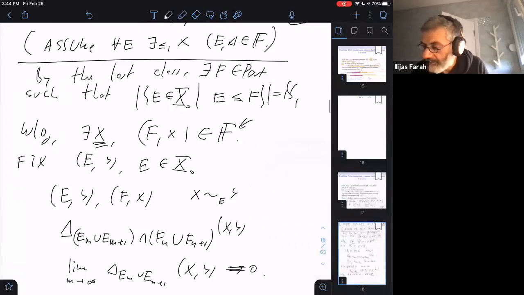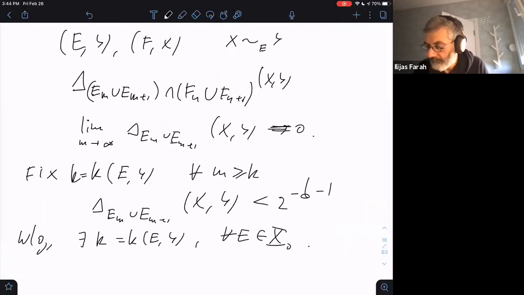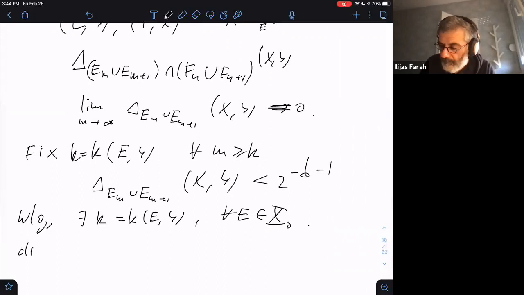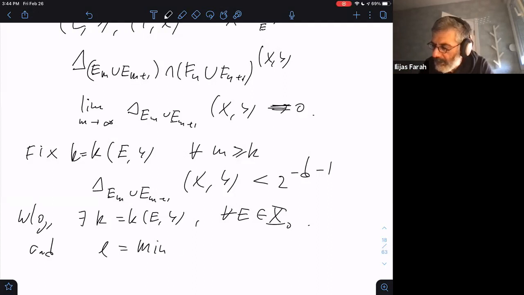And one more thing. So also, there is actually more than that. And L equals minimum of EK is the same for all E in X0.